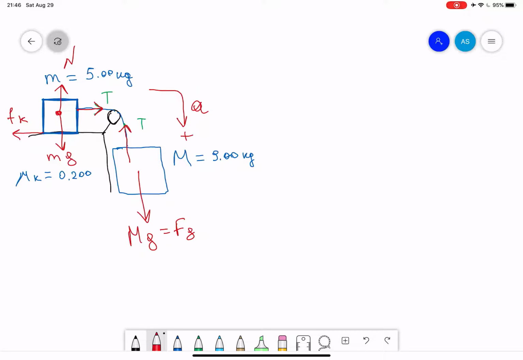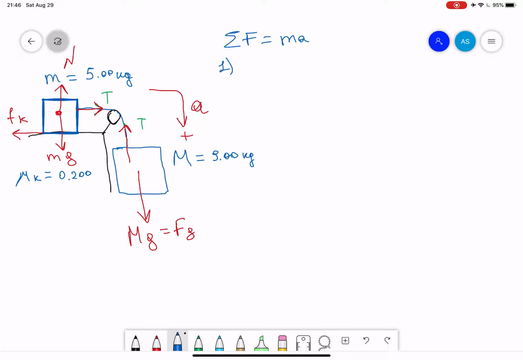Now let's write down equations for the separate boxes. Using Newton's second law, the sum of the forces is equal to ma.